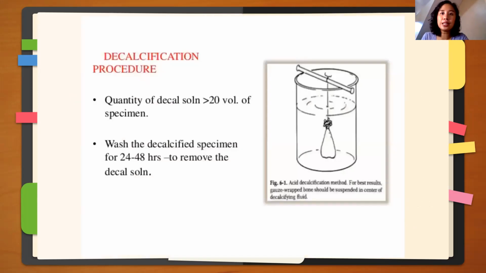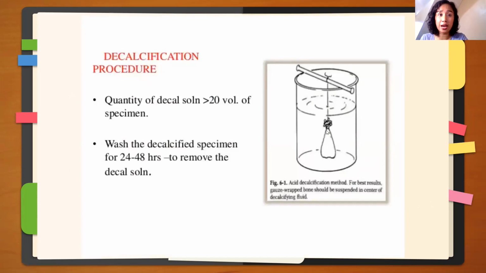So class, for the setup of your decalcification, depending on the size, like small teeth or small bone fragments, we wrap it in gauze and we suspend it so that all areas of the bone or teeth will be exposed to the decalcifying agent.